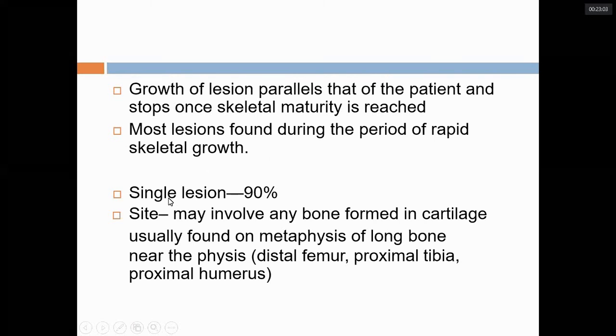Single lesions are found in 90% of cases; in 10% of cases it may be associated with multiple lesions. The site may involve any bones formed in cartilage, usually found on the metaphysis of the long bone, near the physis, especially in the distal femur, proximal tibia, and proximal humerus.